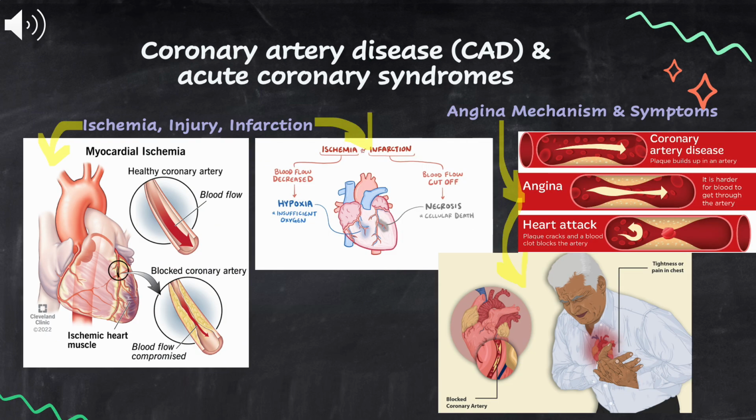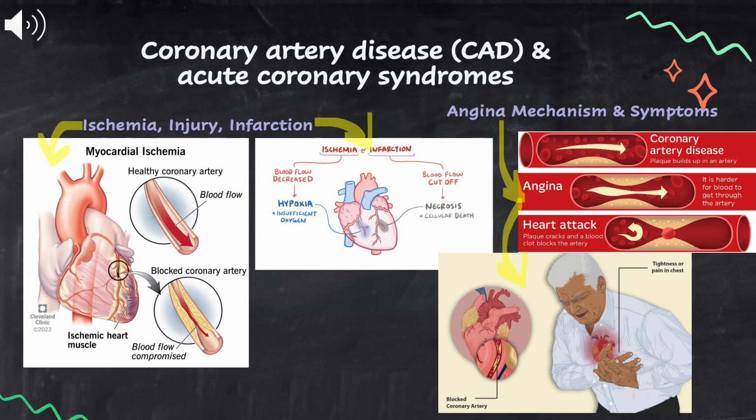Let's move on. This slide introduces coronary artery disease and acute coronary syndromes, which occur when blood flow to the myocardium becomes inadequate. On the left, we're reviewing the progression of ischemia, injury, and infarction. Cardiac tissue damage begins with ischemia, meaning reduced blood flow and oxygen delivery to the heart muscle.